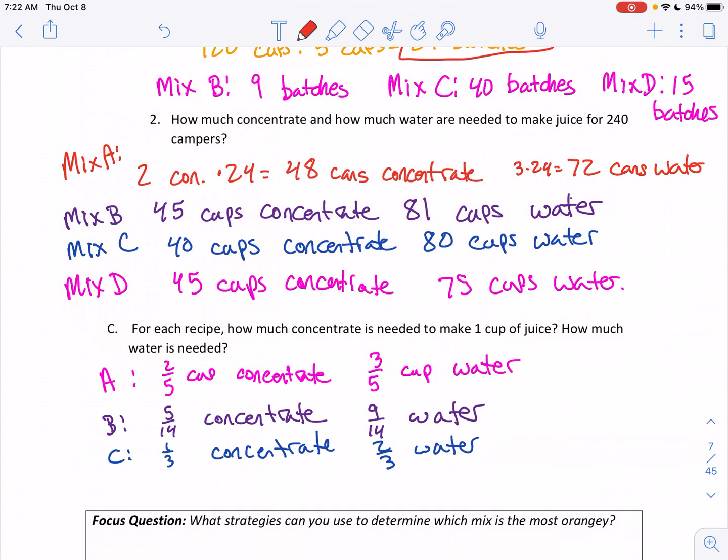And then finally, for D, 3/8 concentrate, and then 5/8 water. And those were actually the fractions I used, the concentrate ones, to figure out my least orangey to most orangey, so that's kind of fun.